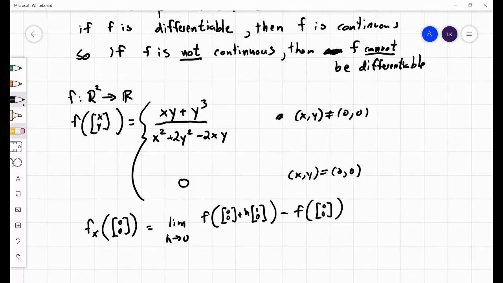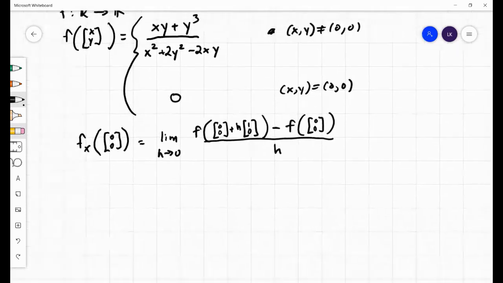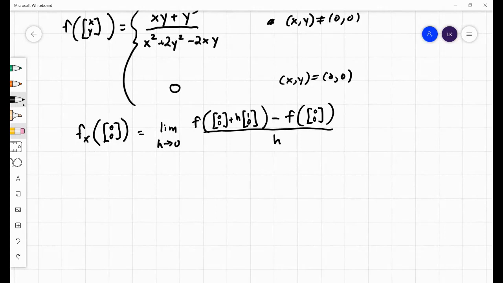These are actually really simple. Remember, the partial derivative with respect to x is just a directional derivative of the function as we go in the positive x direction, so in the direction of vector i, not j.